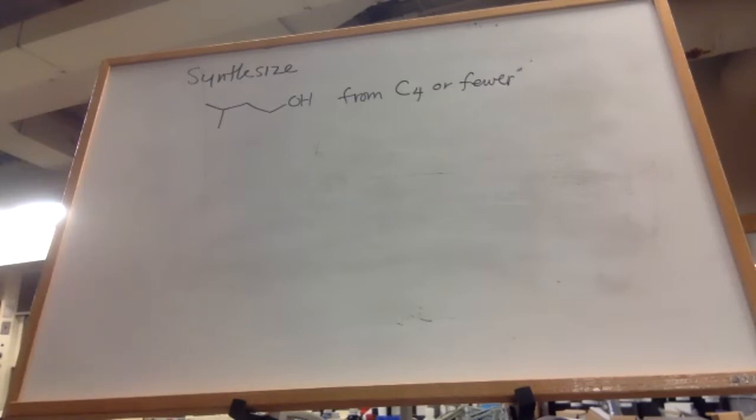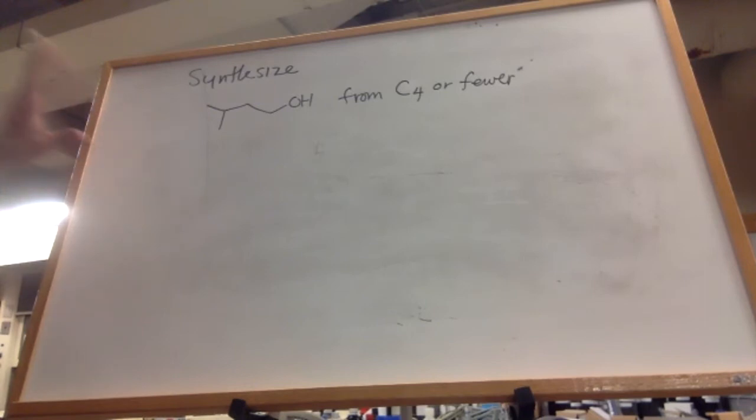Okay, so as usual, we do these synthesis problems retrosynthetically. This is an alcohol. We have bazillions of ways of making an alcohol. But the method that I'm looking for here is, we know that lithium aluminum hydride will reduce a carboxylic acid to an alcohol. That's one of the reactions that we talked about a few minutes ago.